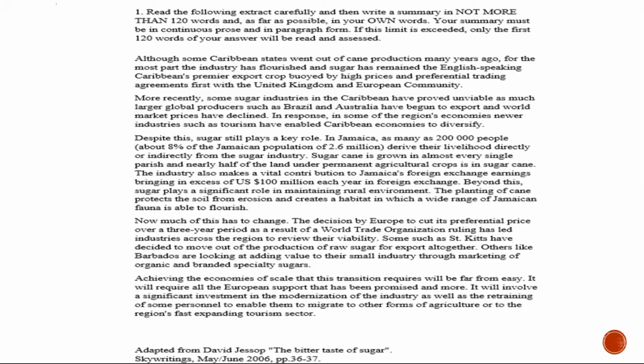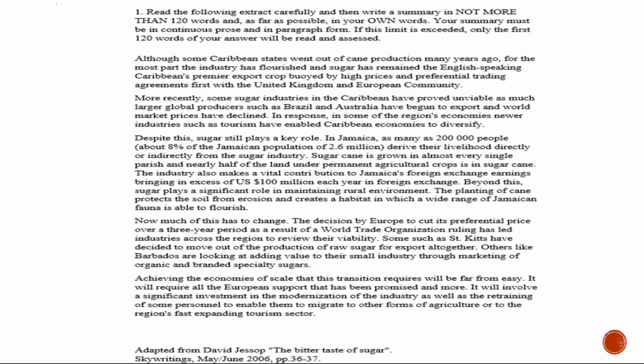Although some Caribbean states went out of cane production many years ago, for the most part, the industry has flourished and sugar has remained the English-speaking Caribbean's premier crop export, buoyed by high prices and preferential trading agreements, first with the United Kingdom and the European Community.